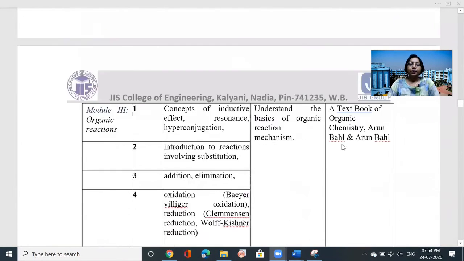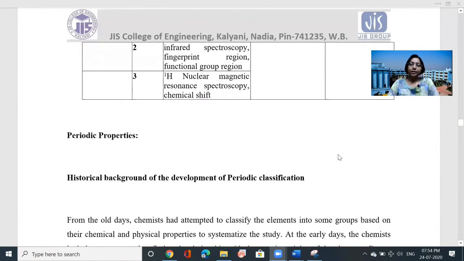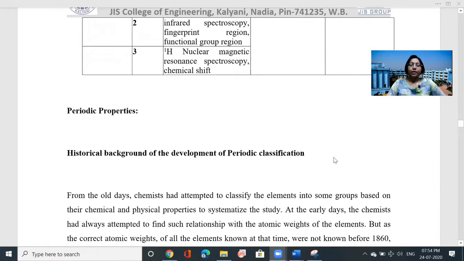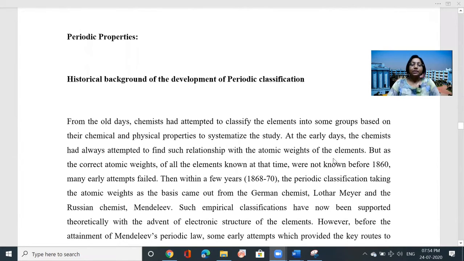Now, our topic is the periodic table. I think all of you have an idea of the periodic table and periodic properties. First, I will tell the historical background of the development of periodic classification. We have the modern periodic table now, but how did it come? Suddenly it was not possible for scientists to present a periodic table to you.